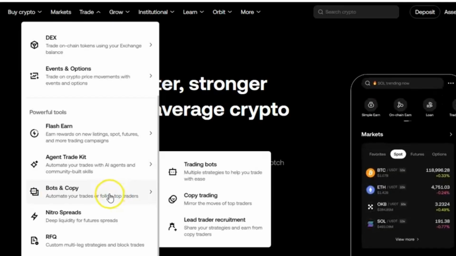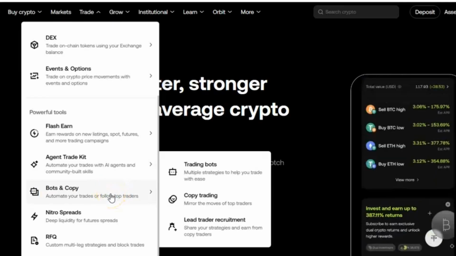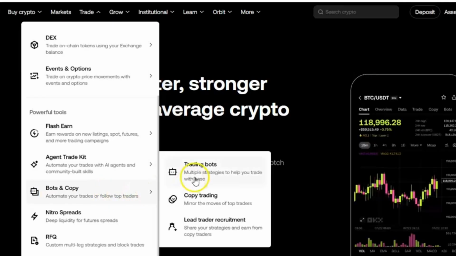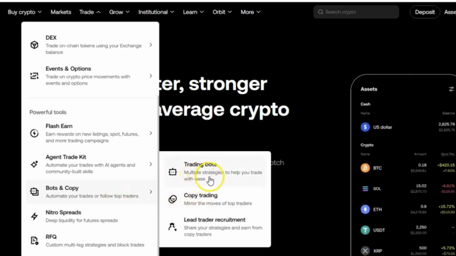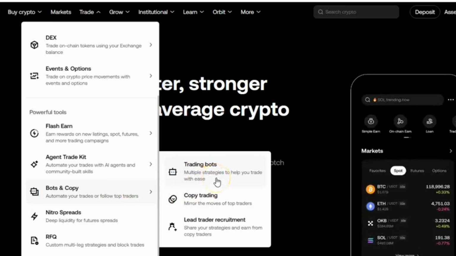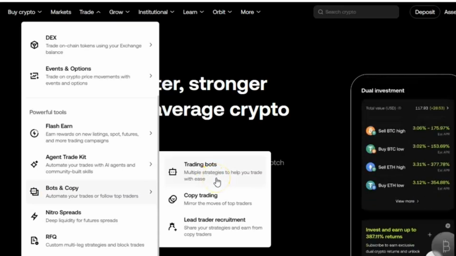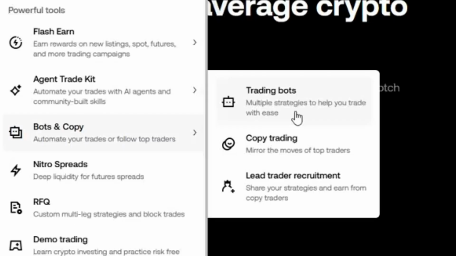All right, and then you'll see this tab. When you hover over it, you'll see these options this side: trading bots, copy trading. If you want to create a trading bot which would actually be trading for you, you simply go by the first option. If you want to copy trade some lead trader, you go by copy trading. I'd rather you go with the second option since it's your first time.